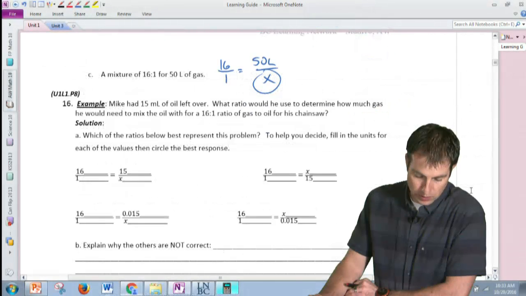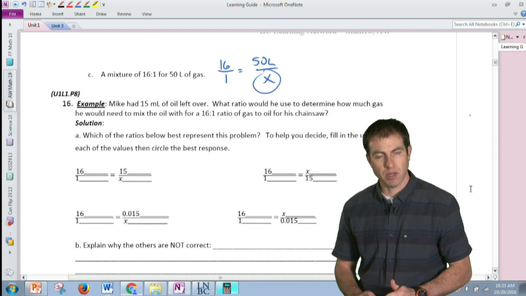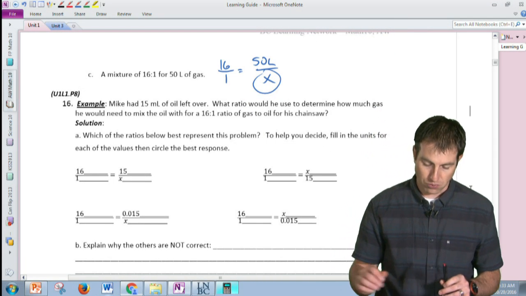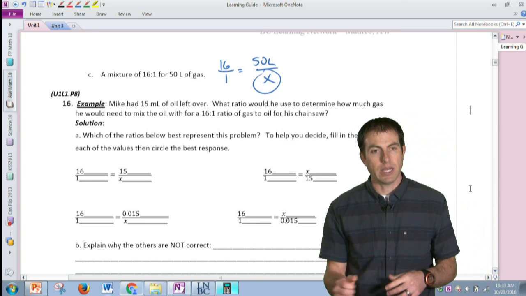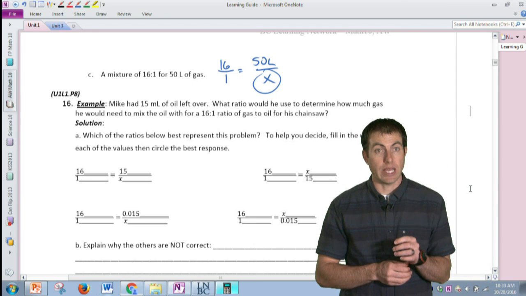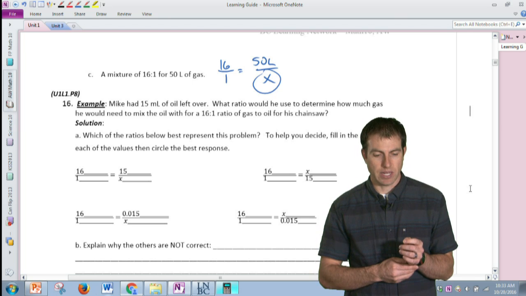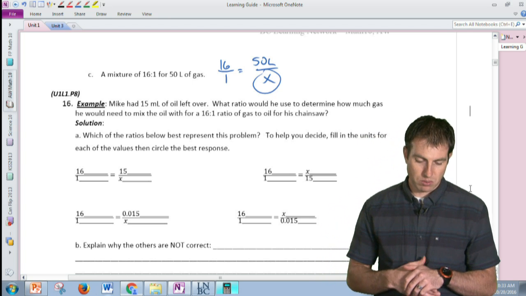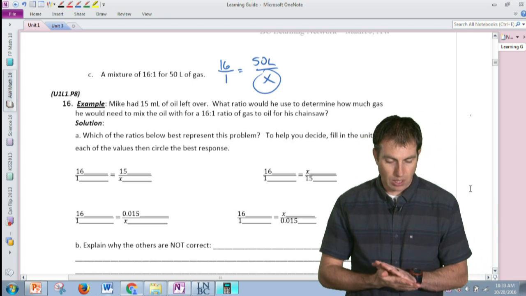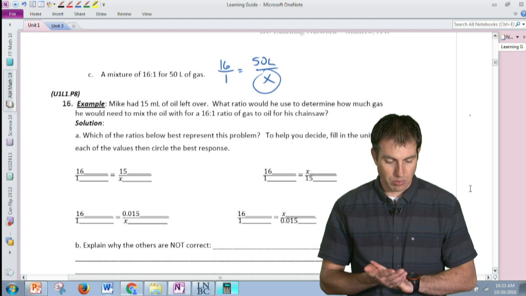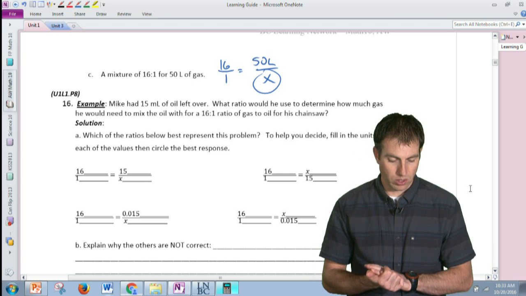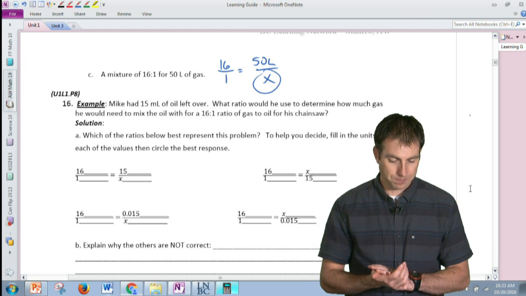All right, so this is a similar type question. We're still talking about Mike. This is on page 4 now, top of page 4. Instead of talking about how much gas we have, now we're talking about oil. So he has 15 milliliters of oil left. What ratio would he use to determine how much gas he would need to mix with the oil for a 16:1 ratio?